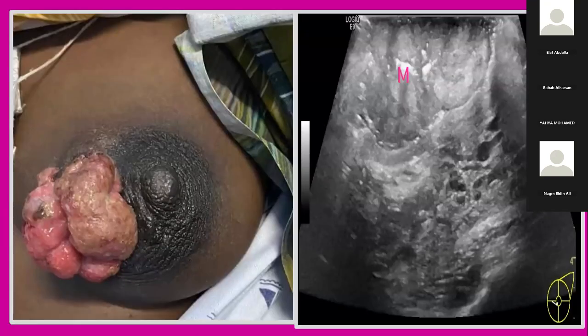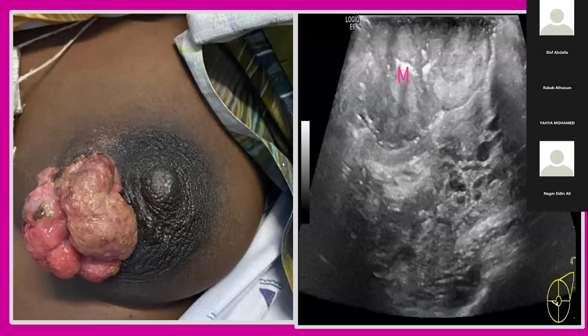This is another patient, a Sudanese lady, presented to the radiology department with this fungating mass. For radiological evaluation, she was lactating, and the surgeon requested ultrasound evaluation.